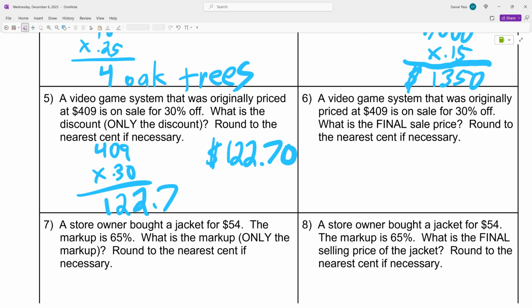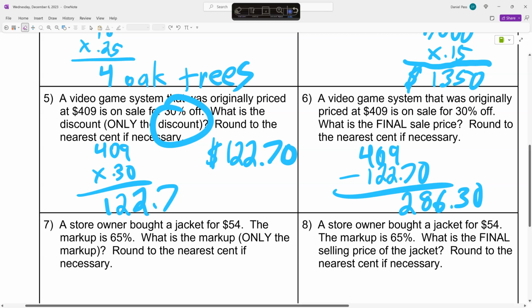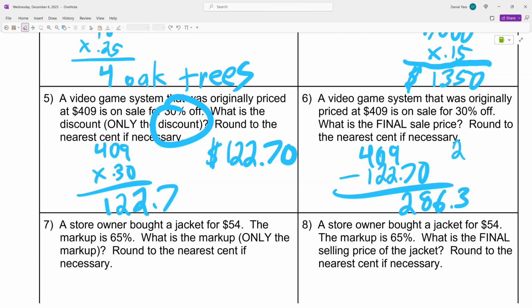Now what? It's a discount. Discount is subtraction. So 409 minus 122.70. What do we get? 286.30. Okay, that's it, and you don't need to round to the nearest cent. You have to know that 286.3 is 30 cents, so that might happen on the test.